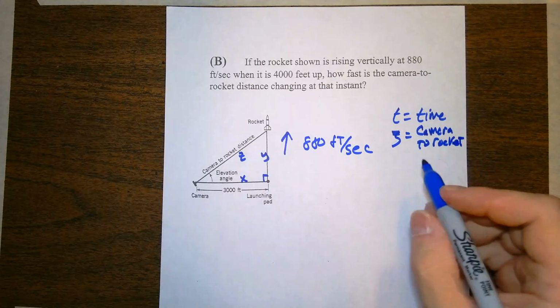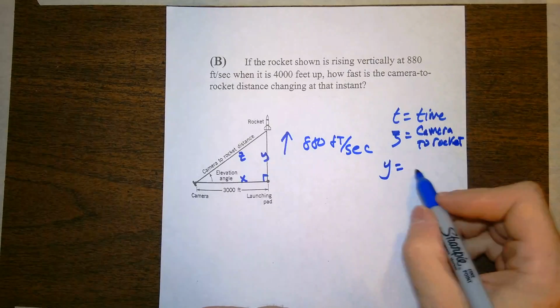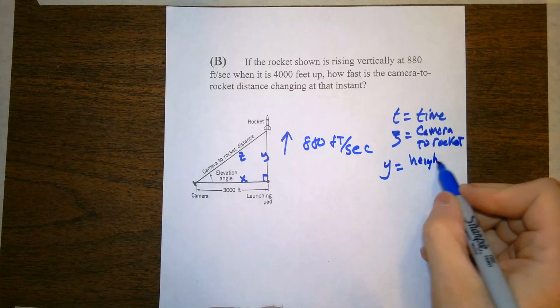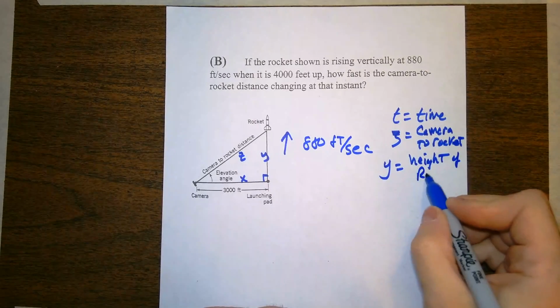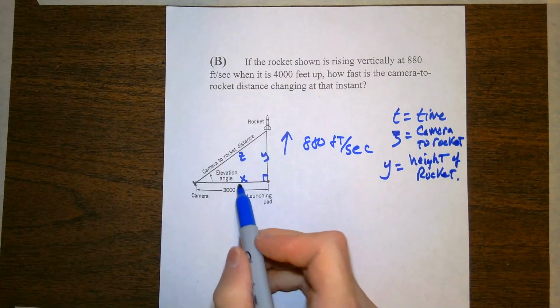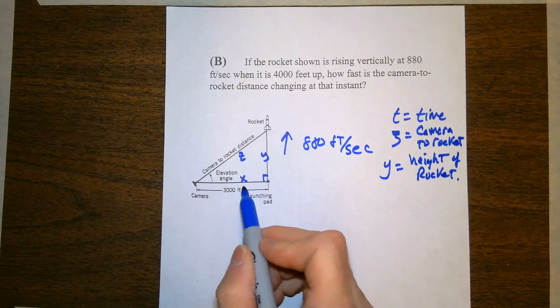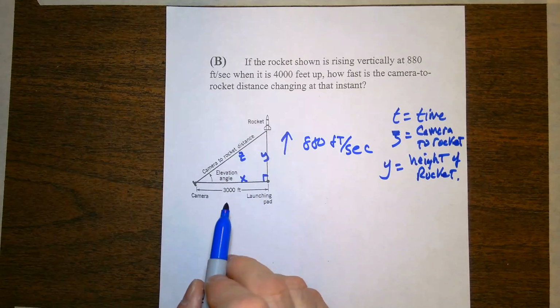Oh dear, my pen's not very good here. Sorry about that. My y is going to be the height of the rocket. Now the x is the distance from the camera to the launching pad, but that's a constant. It's 3,000. x equals 3,000 all the time.